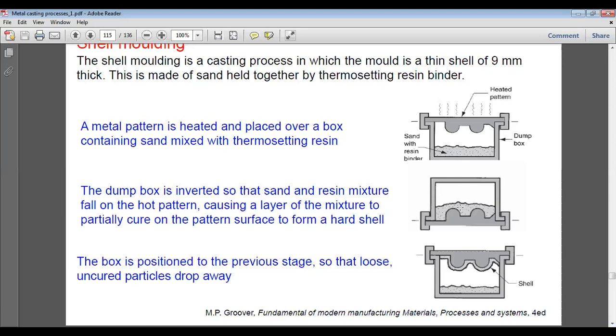Then solidification cooling time is given, and after cooling, this is inverted again, the molding sand sticks to the pattern, and after that the pattern is removed, so a mold cavity is created. So this is shell molding.